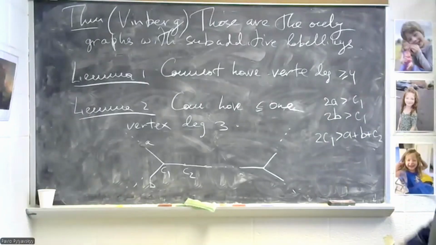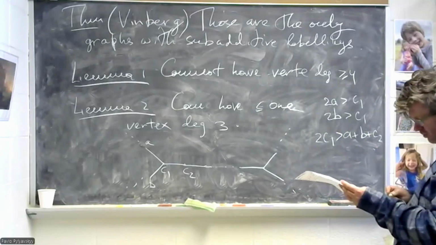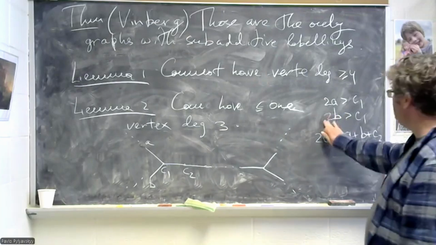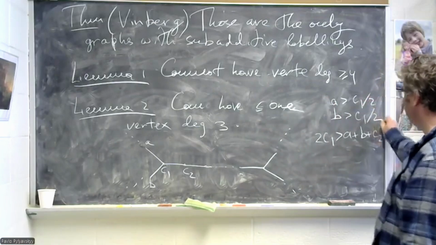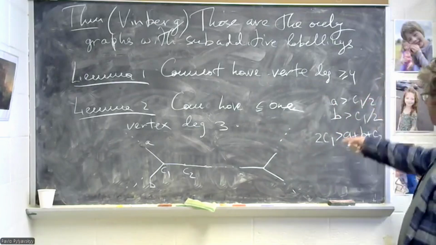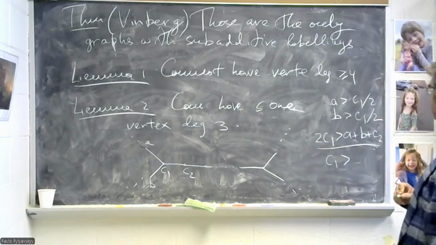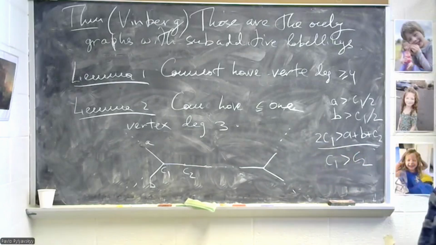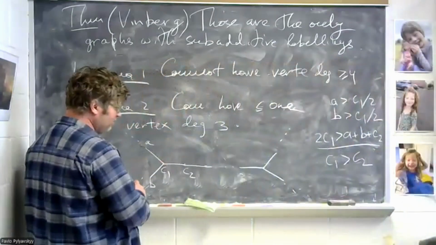Now, if we combine those in the right way, and what do I mean by the right way? Let's divide those two by 2. So this is more than half, this is more than half. Add them up, cancel out, and we get C1 is bigger than C2.